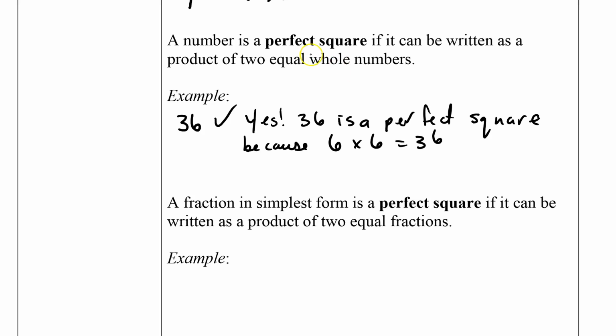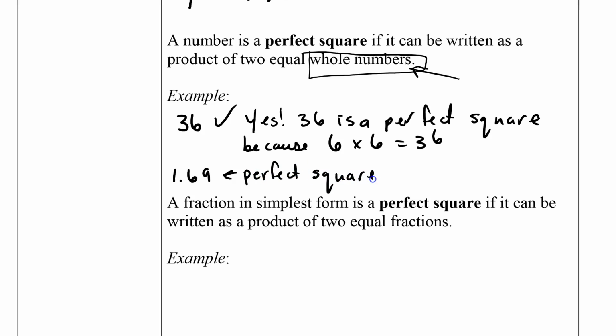One little thing I want to change here though is this idea of whole numbers, because you can have a perfect square that's a decimal. So if I were to put 1.69, it is a perfect square, because 1.3 times 1.3 equals 1.69.